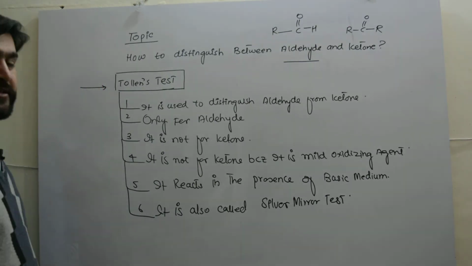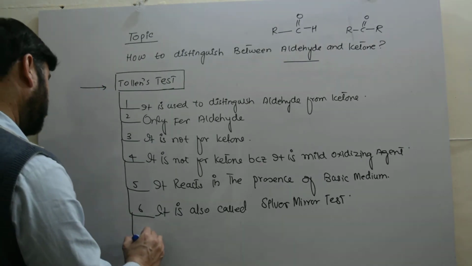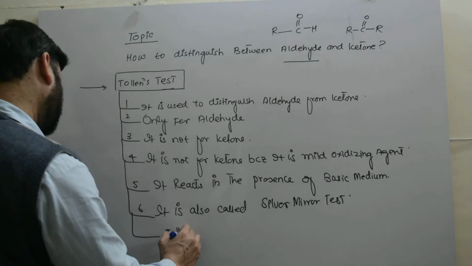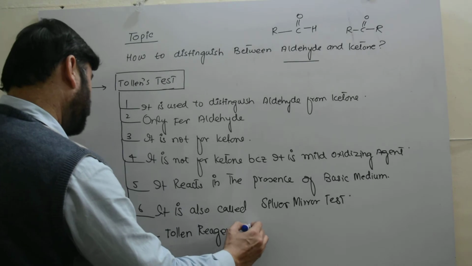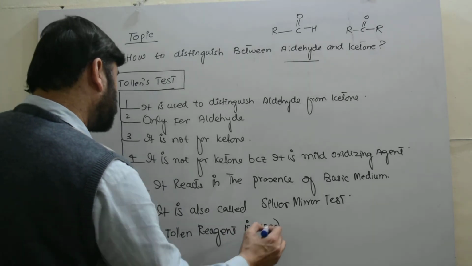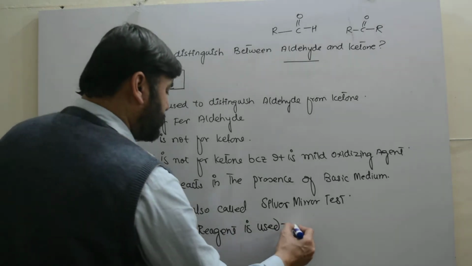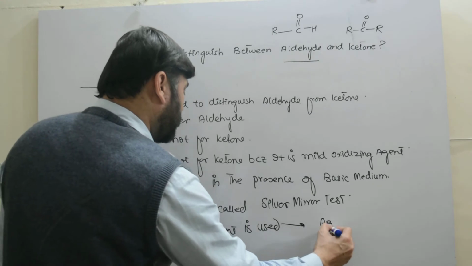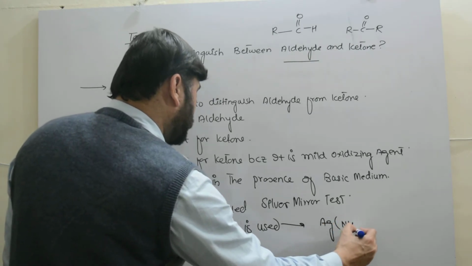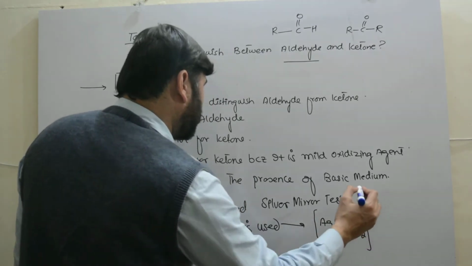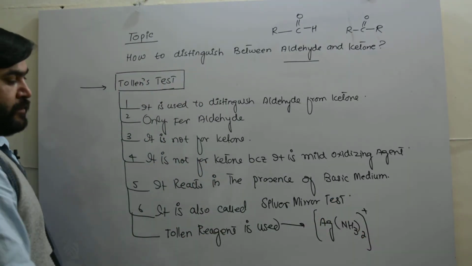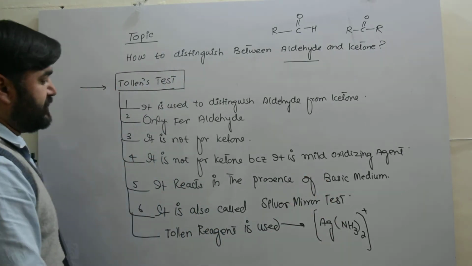And what is the reagent used in this? Tollen's reagent is used. What is Tollen's reagent? You can write the formula: Ag, NH3 whole twice, with a plus charge. This is Tollen's reagent.